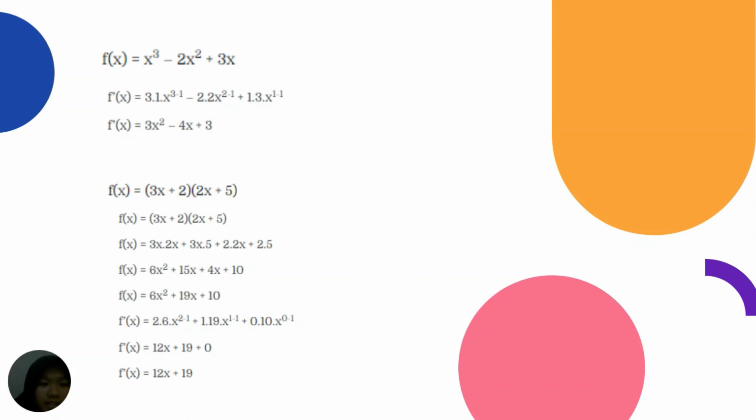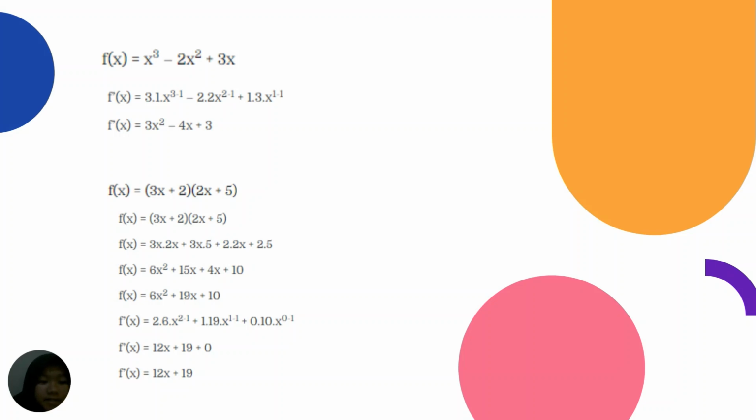The first question, f(x) is x to the power of 3 minus 2x to the power of 2 plus 3x, and then we have f prime x is 3 times 1 times x to the power of 3 minus 1, minus 2 times 2 times x to the power of 2 minus 1, plus 1 times 3 times x to the power of 1 minus 1, and then the result is 3x squared minus 4x plus 3.